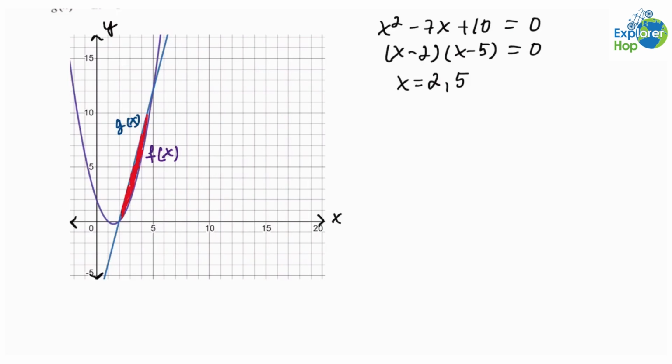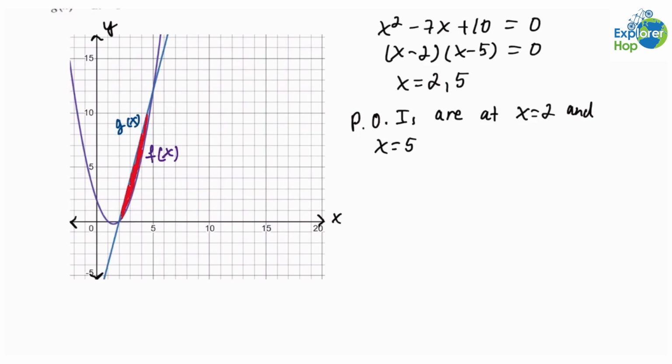And so the points of intersection are at x equals 2 and x equals 5.